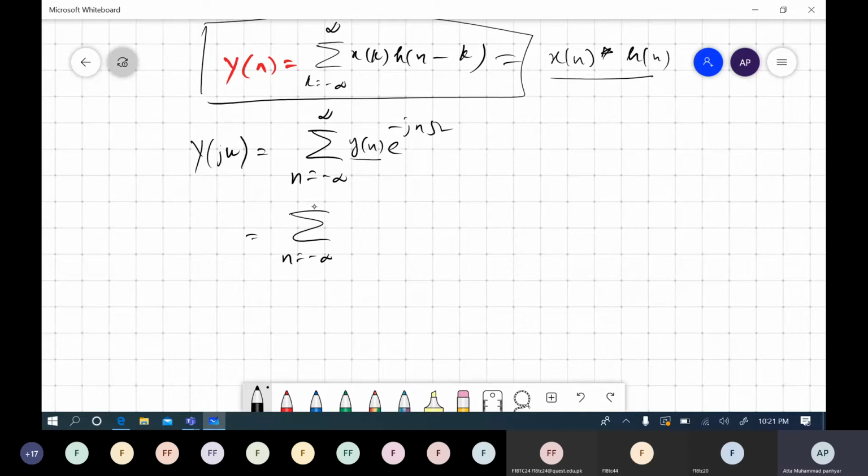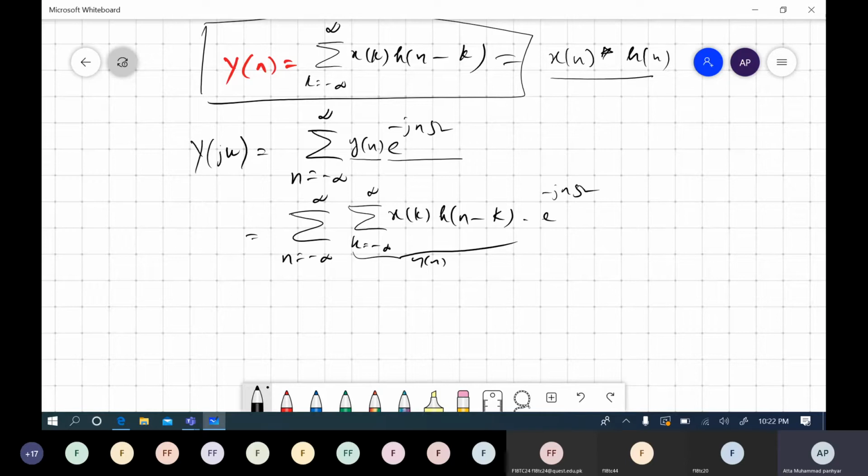n from minus infinity to infinity, then another summation k from minus infinity to infinity, x of k h of n minus k, right? This complete term is y of n, times this expression.